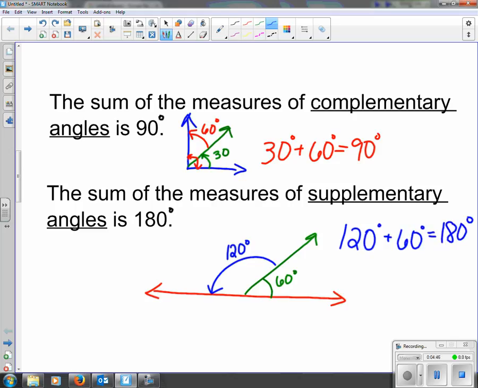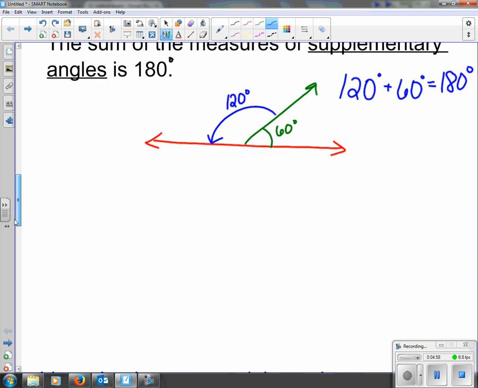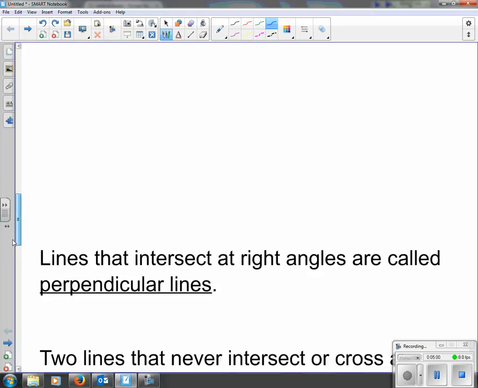That means these two angles, the blue one and the green one, are supplementary. They make up 180 degrees. Make sure you write all this down.